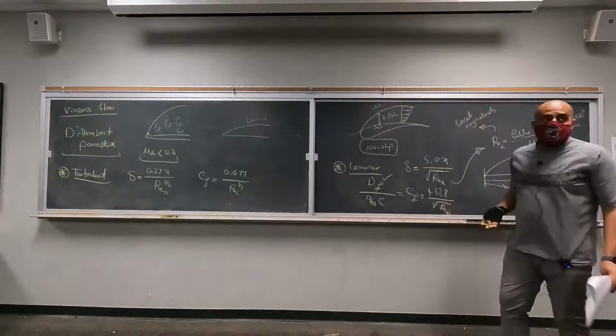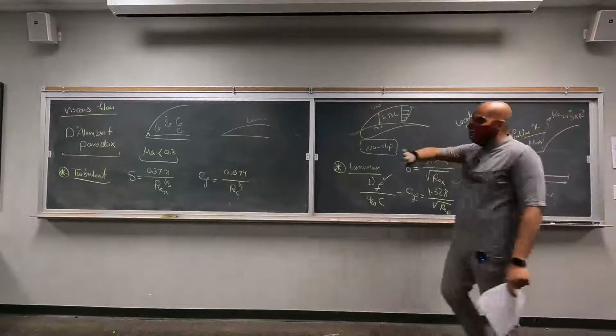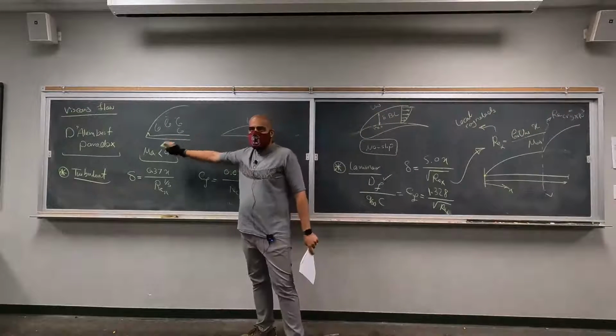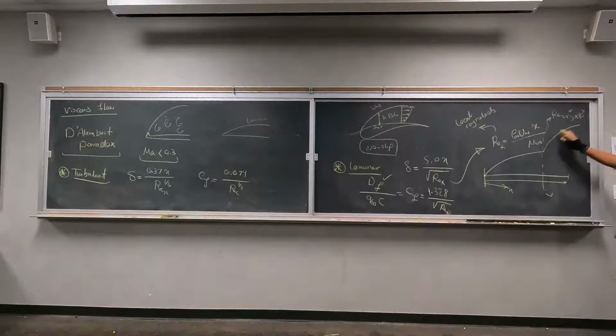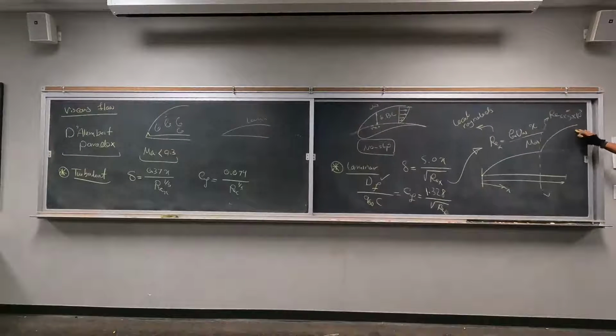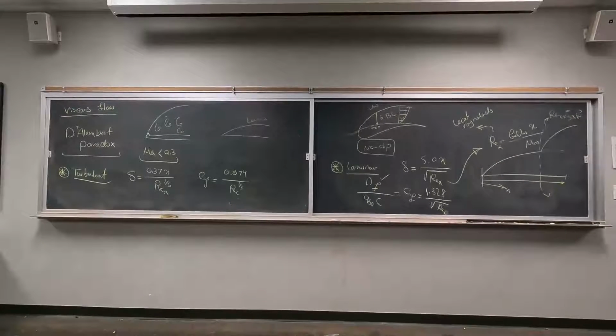Are we clear what the problem is first? The problem is that these equations capture only laminar or only turbulent. But in most cases, we start from laminar, then transition to turbulent. It doesn't start as turbulent, for example, or end as a laminar flow.